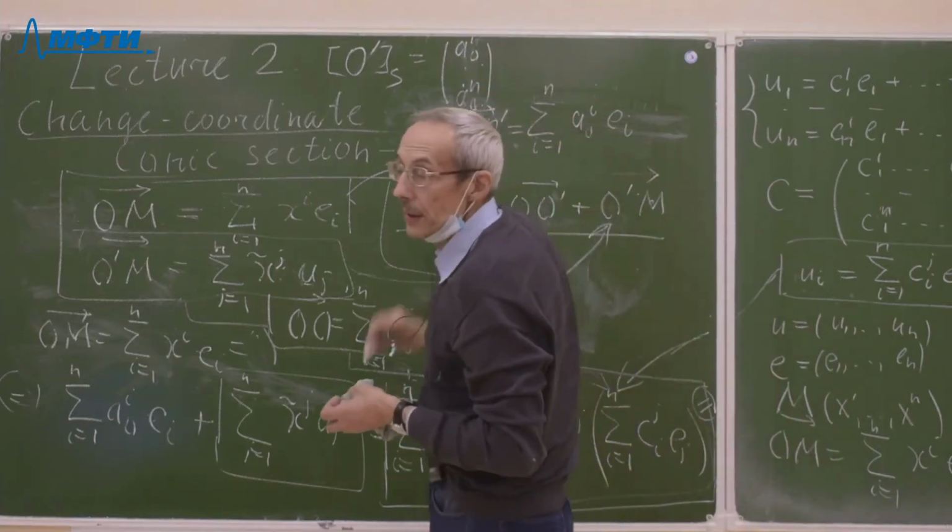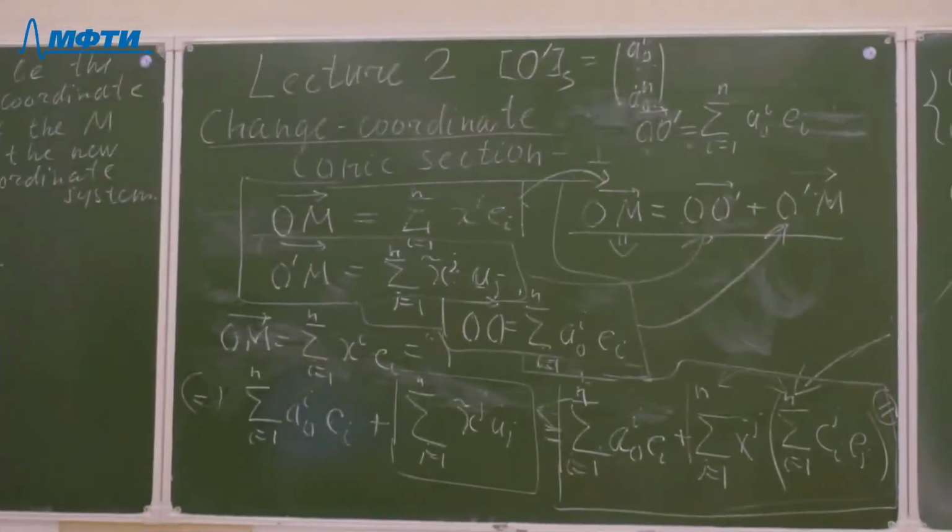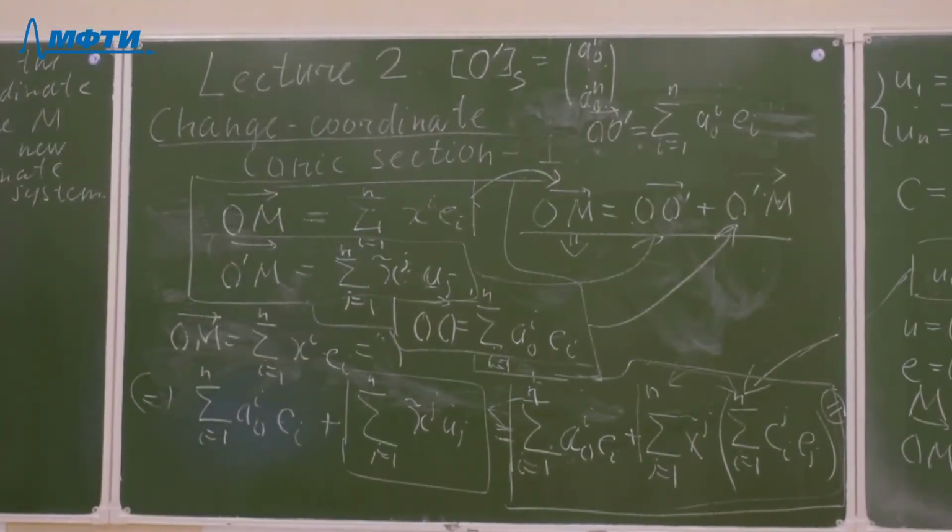These numbers are coordinates of the point O prime, a new origin, in the old basis.